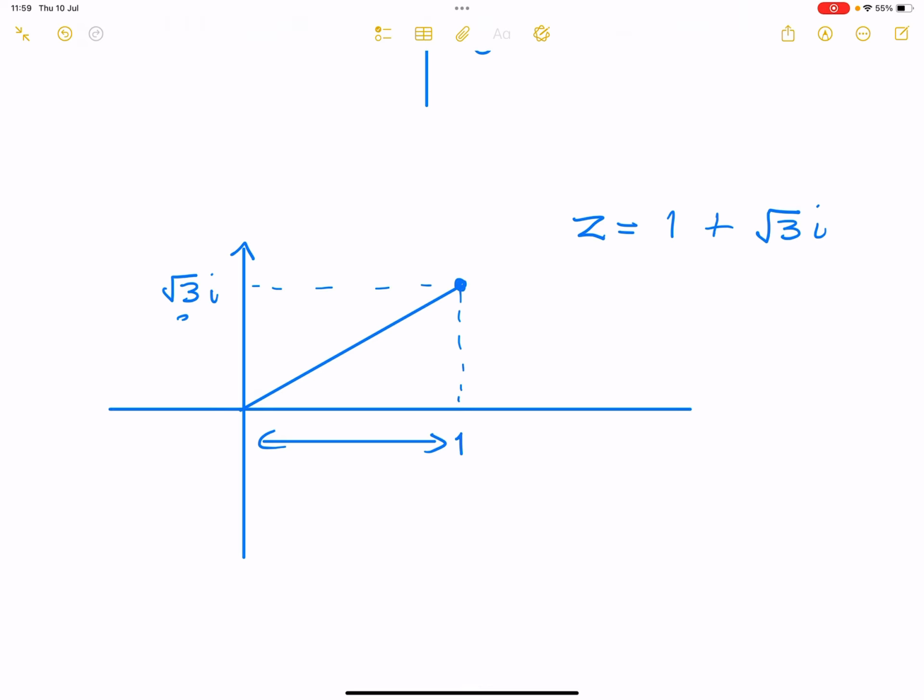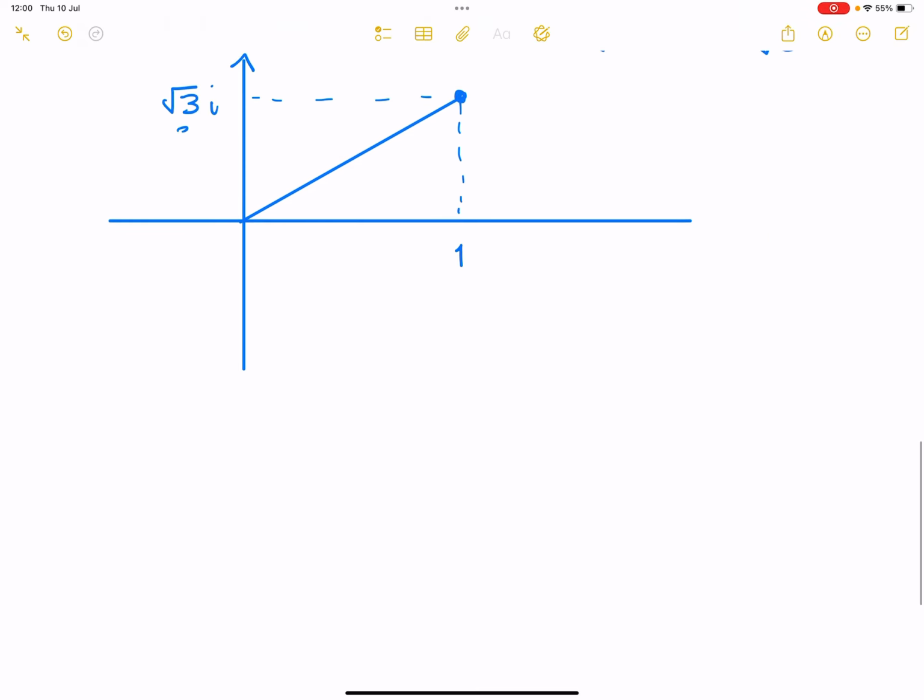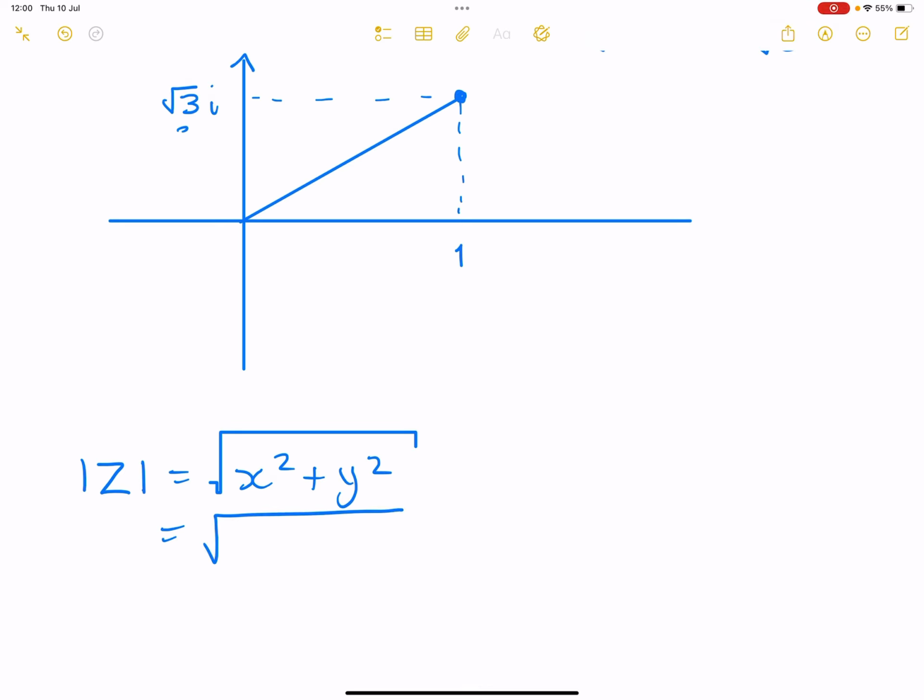But now, how do I express it in the modulus argument form, or in polar form? Firstly, we said we're going to calculate the modulus. So the modulus of z is the square root of x squared plus y squared.